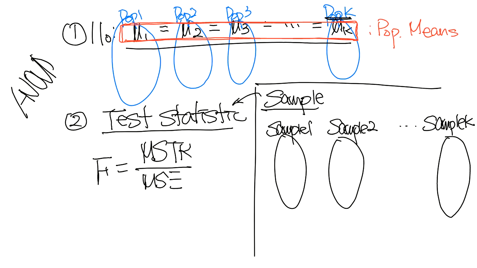And we have k sample means, x1 bar, x2 bar, xk bar. Because of that, the degrees of freedom were k minus 1 and big N minus k, because k was the number of samples, and that is the same as the number of sample means.